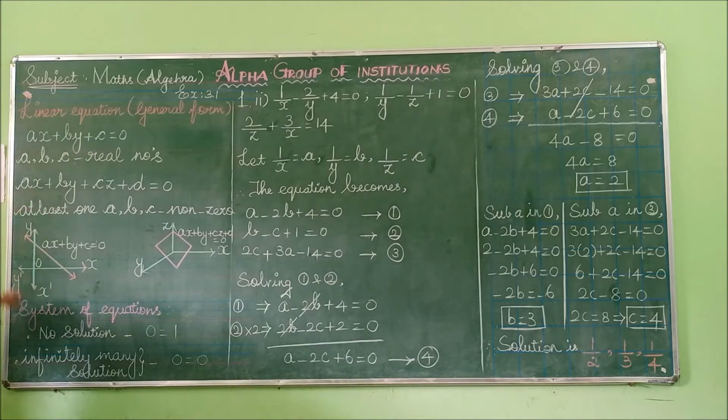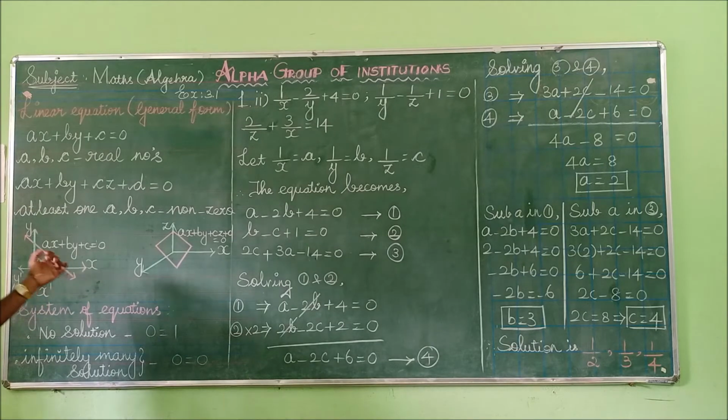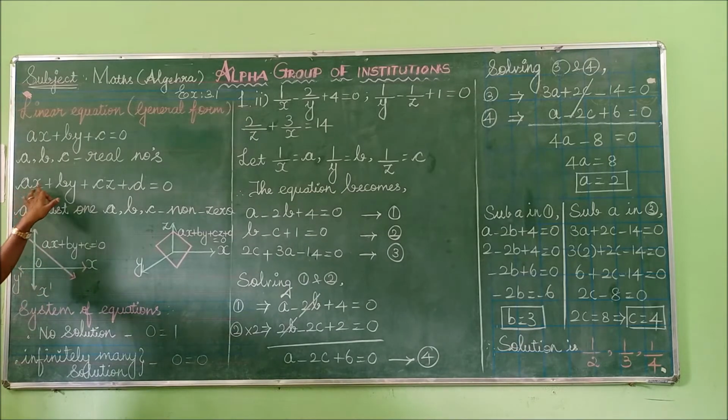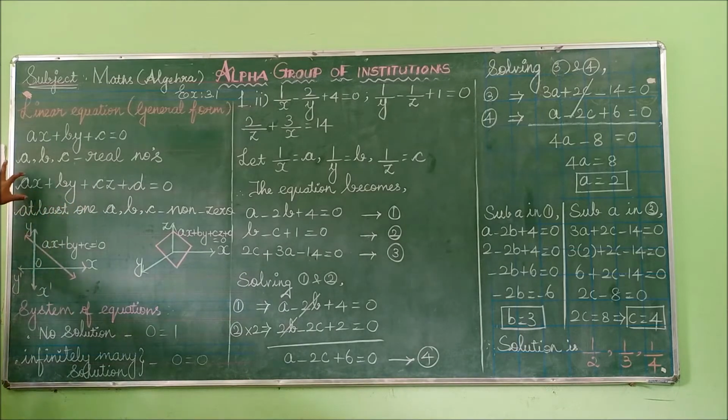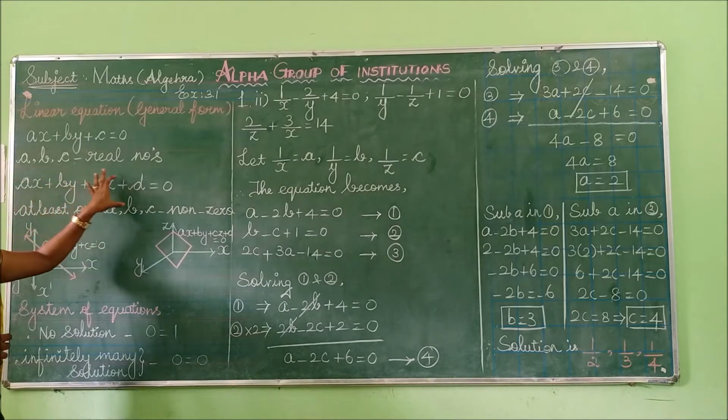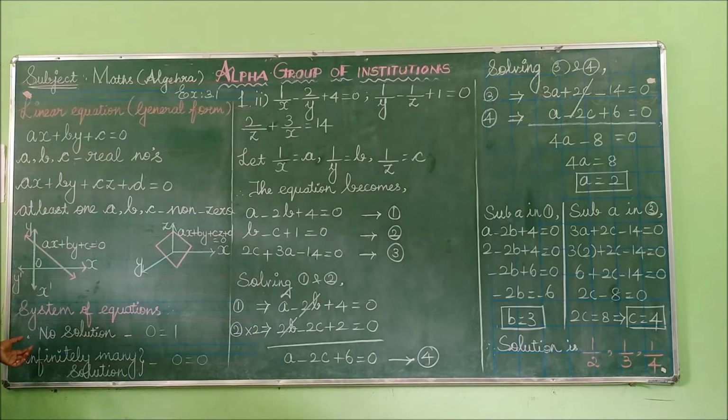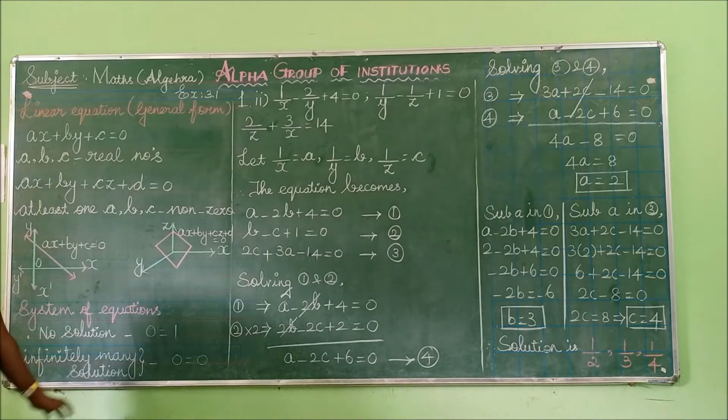Then listen to the next topic, system of equations. A system of equations has three types of solutions. First one is a unique solution. If you take this function, x, y, z contain separate values: x has some value, y has some value, z has some value. The next condition is no solution.